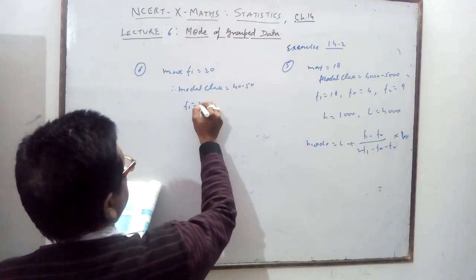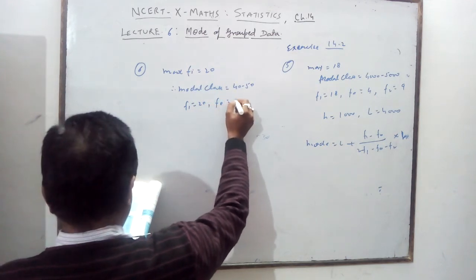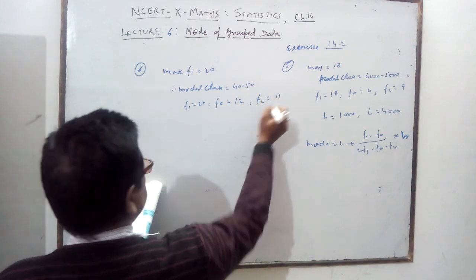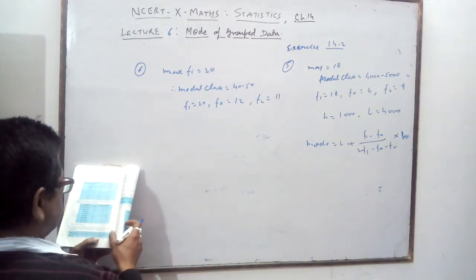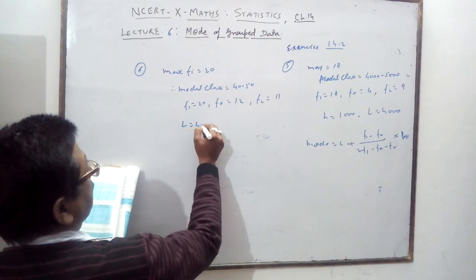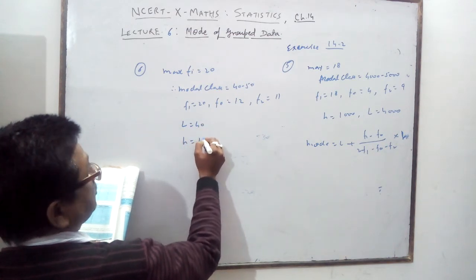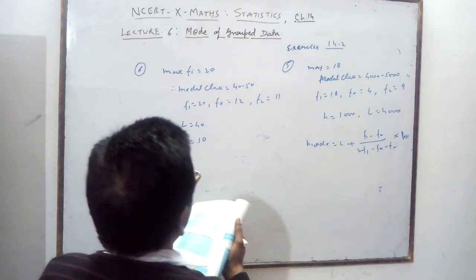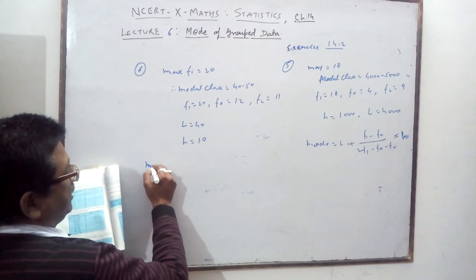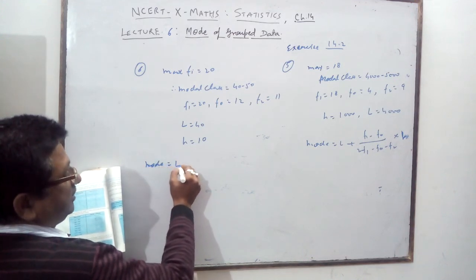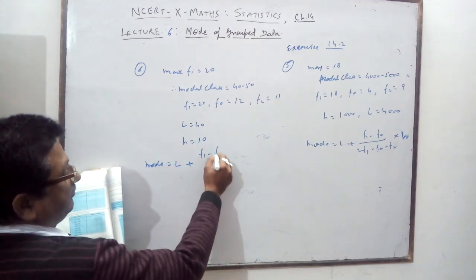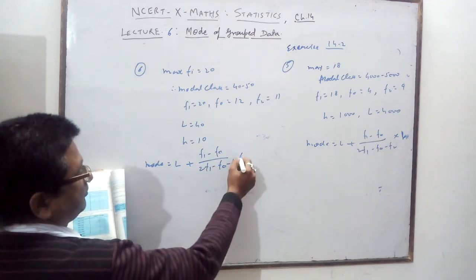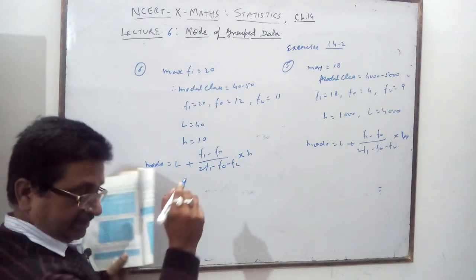F1 is equal to 20, F0 is 12 and F2 is 11. L is equal to 40, H is equal to 10. Put the values here: L plus F1 minus F0 upon 2F1 minus F0 minus F2, into H.